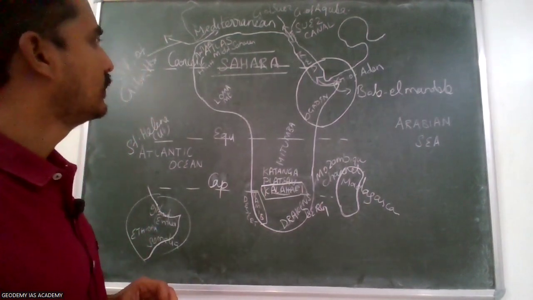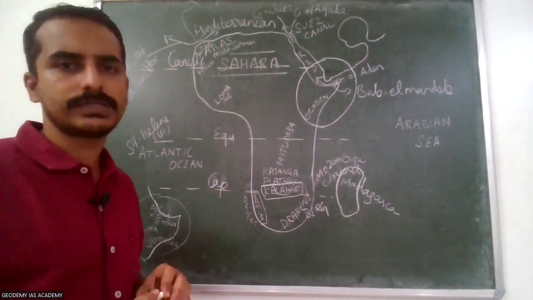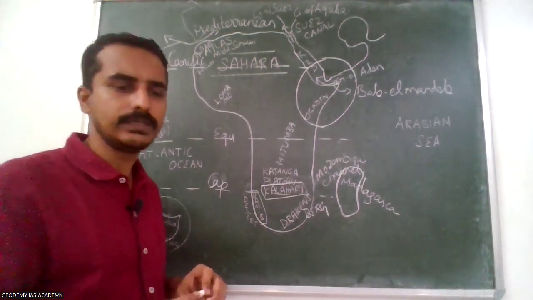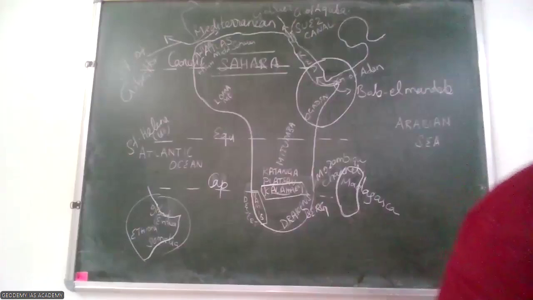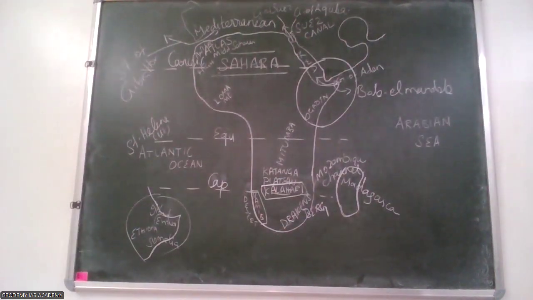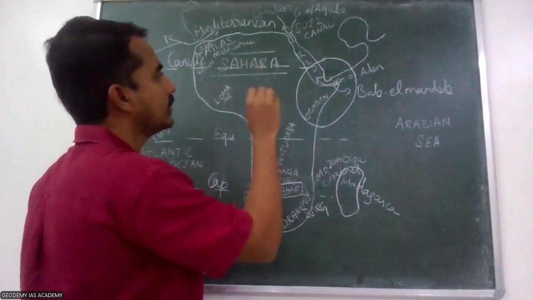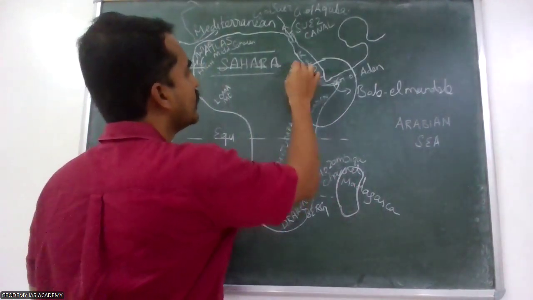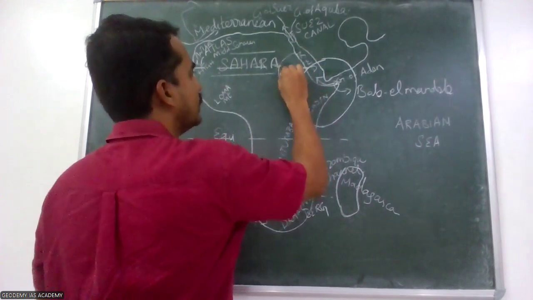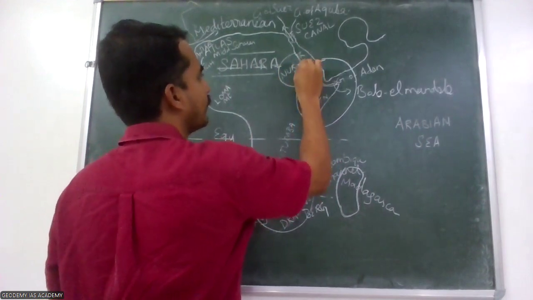And then the important rivers. Let us see the rivers. And one more thing: near the Sudan-Egypt boundary, the desert is Nubian Desert.